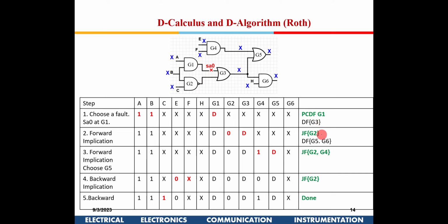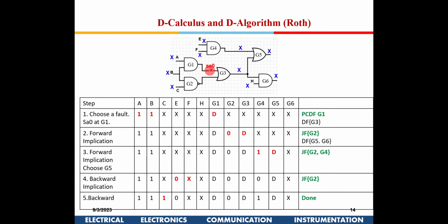Now for this particular gate, the first step is that the stuck-at-0 needs to be activated out here. So I put a 1 1 here, and the rest are as of now unknown. So D comes here. That is the first step.